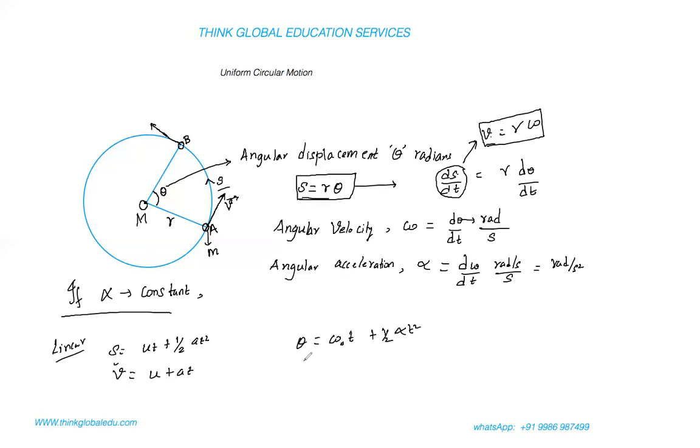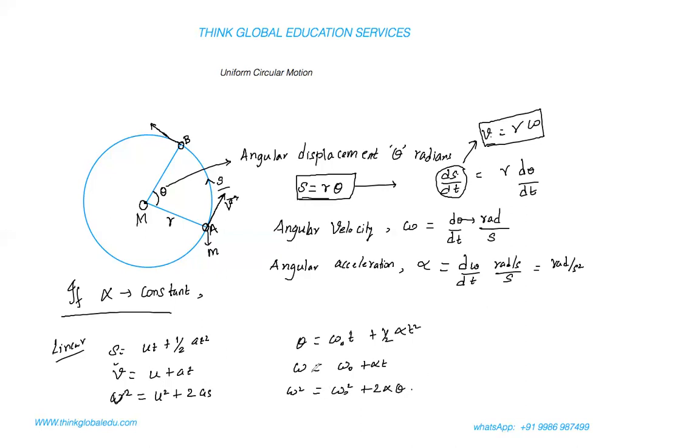Now here we can rewrite that as omega is equal to omega naught plus alpha t. Similarly, the third equation of motion, v squared is equal to u squared plus 2as, you can rewrite as omega squared is equal to omega naught squared plus 2 alpha theta.